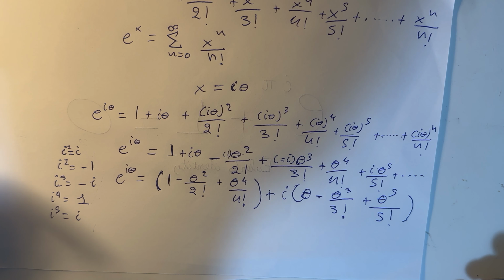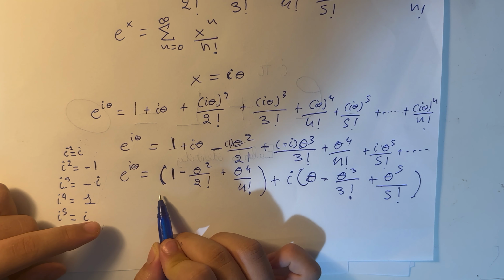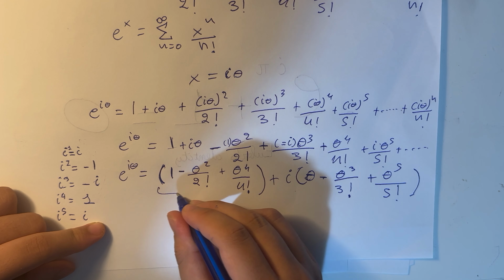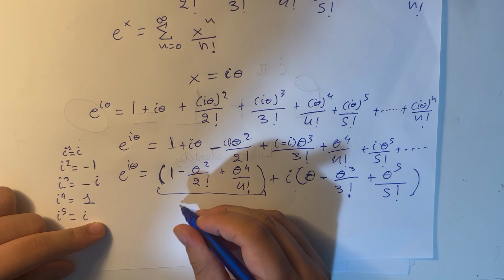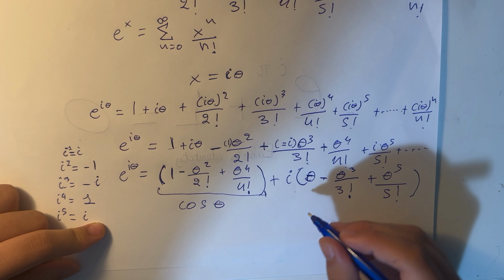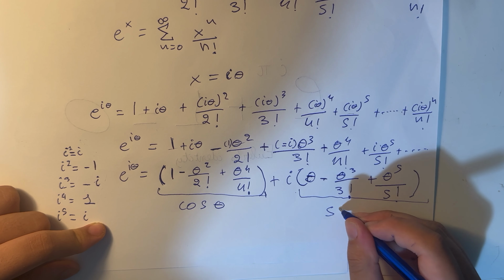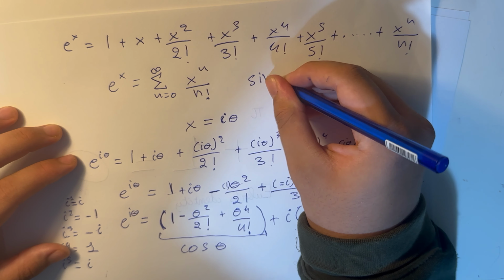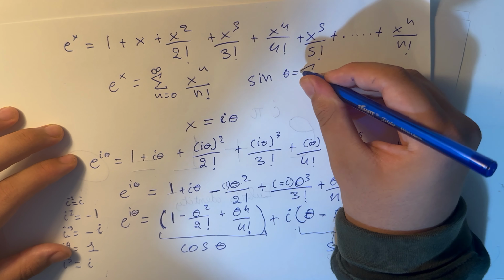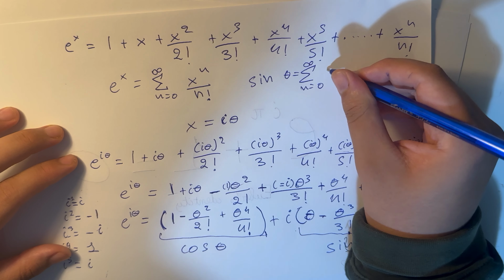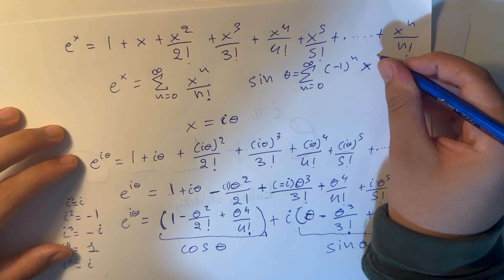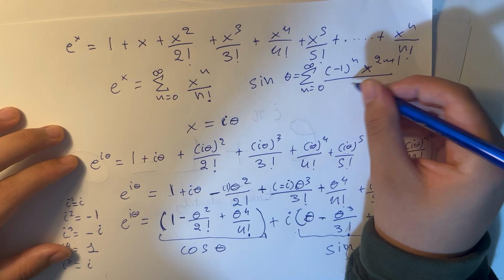And you might recognize that this is just the Maclaurin series for sine of x and for cosine of x. So over here we have the Maclaurin series for cosine of theta, and here we have the Maclaurin series for sine of theta. We can define sine theta and cosine theta using Taylor series as, well, sine theta is equal to the summation from n equals 0 to infinity of negative 1 to the n times x to the 2n plus 1 divided by 2n plus 1 factorial.